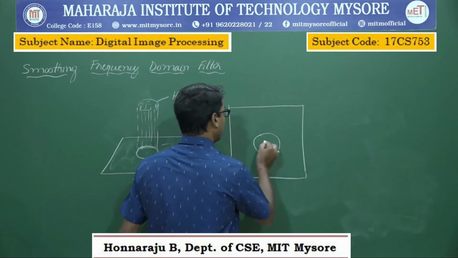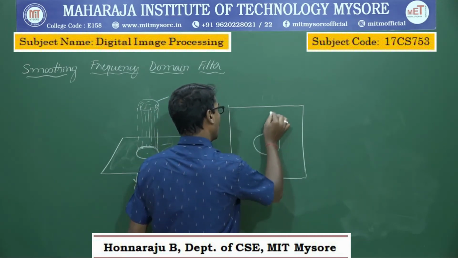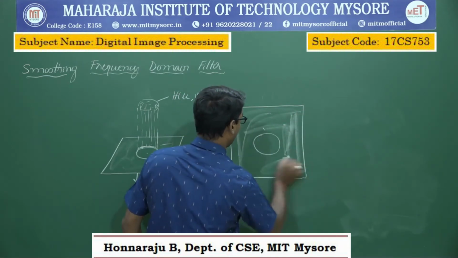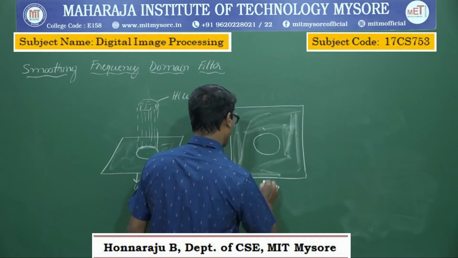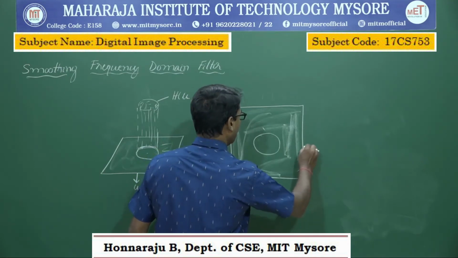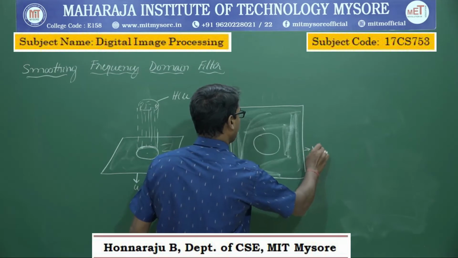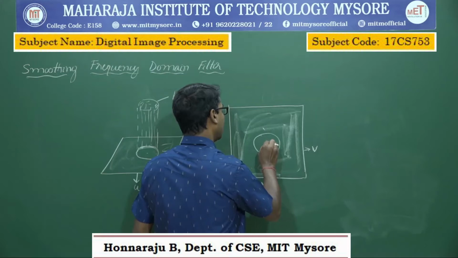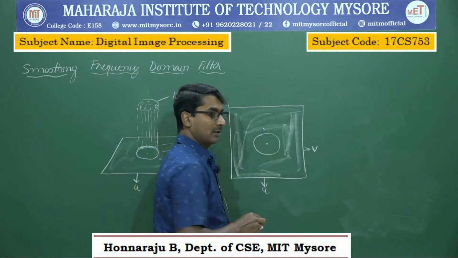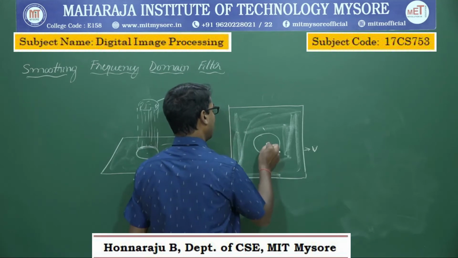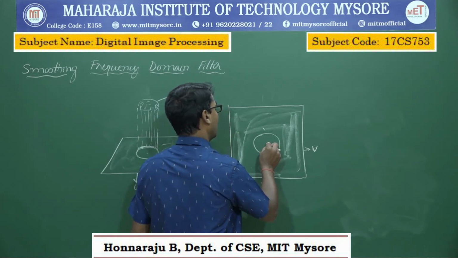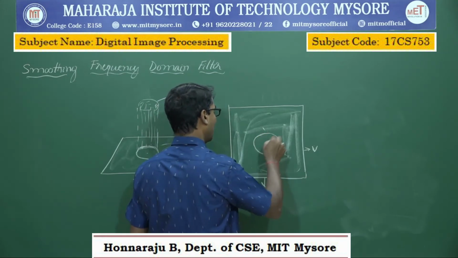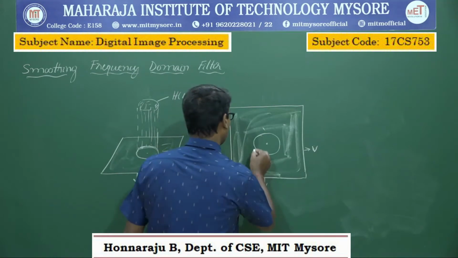Okay, now consider this. In this case, the center value is 1 and the remaining values are 0. So, this pixel value is 0 and this value is 1. Here it starts comparing from the center of the rectangle, up to the D0 value. If it is less than D0, then the value is 1 and the remaining values are 0.